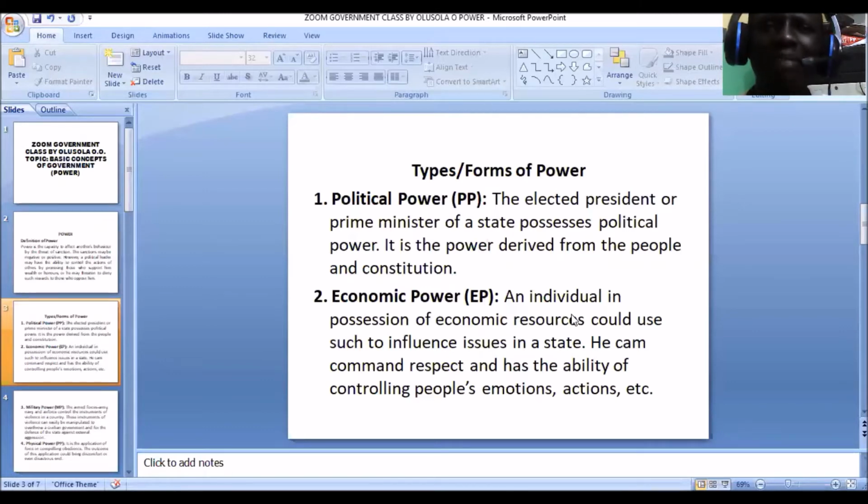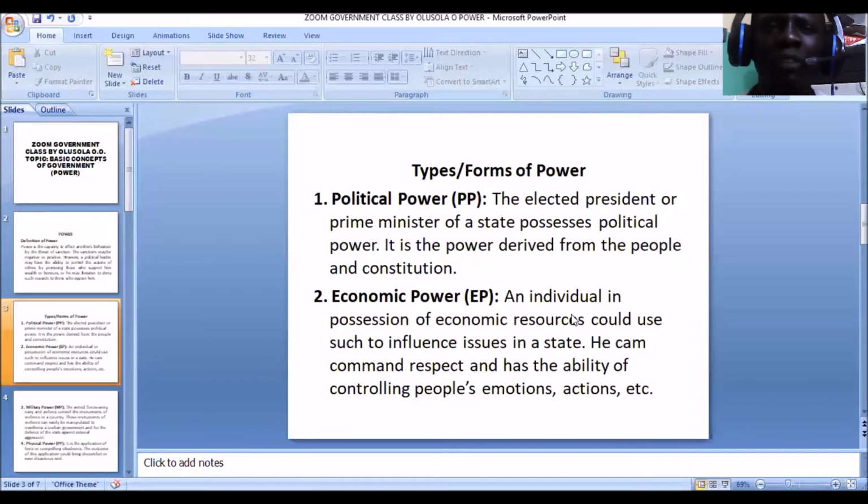So by the time they are elected, by the time they are voted into political office, they have political power to take decisions, to legislate, to govern the people, to direct, to give commands, and so on and so forth.